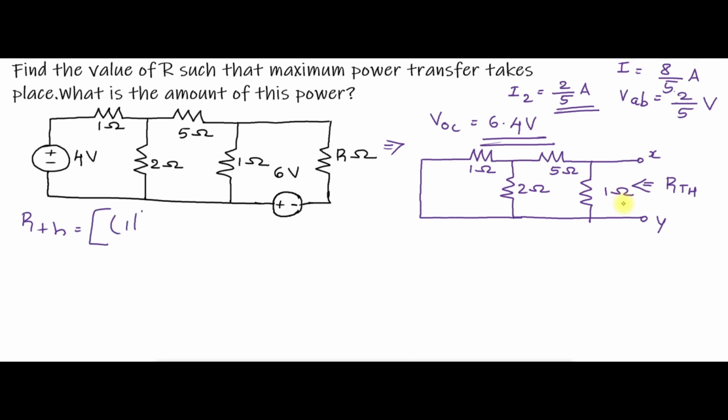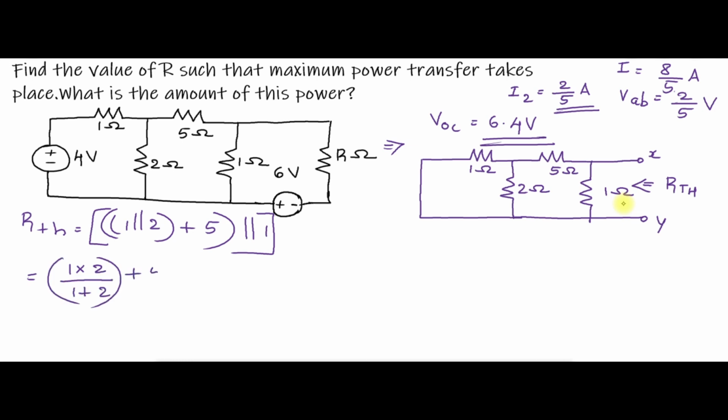1 parallel to 2, which is in series with the 5, which is in parallel with the 1. So you can state that 1 parallel 2 means 1 into 2 by 1 plus 2, plus 5, which is in parallel with the 1 ohm.